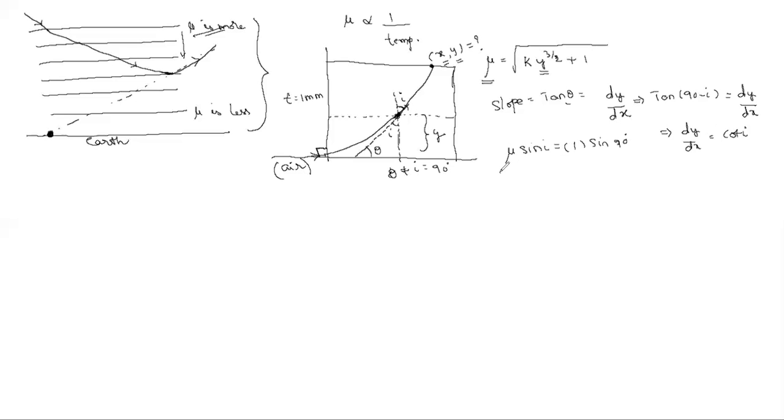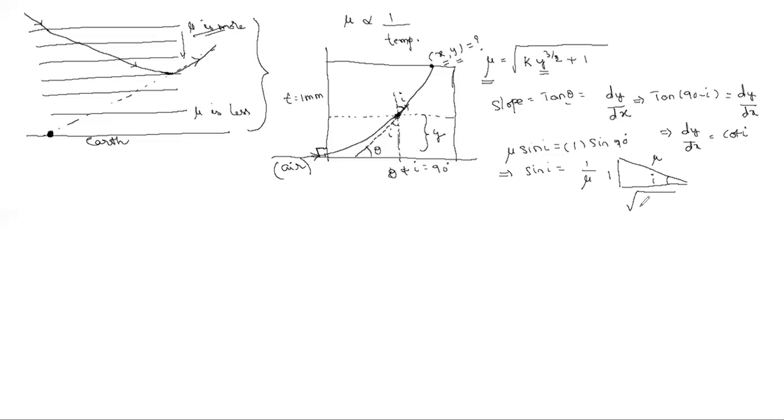From this equation, cosecant I equals mu, sin I equals 1 by mu. From the triangle here, what can you say? If sin I equals 1 by mu, what is the adjacent side?